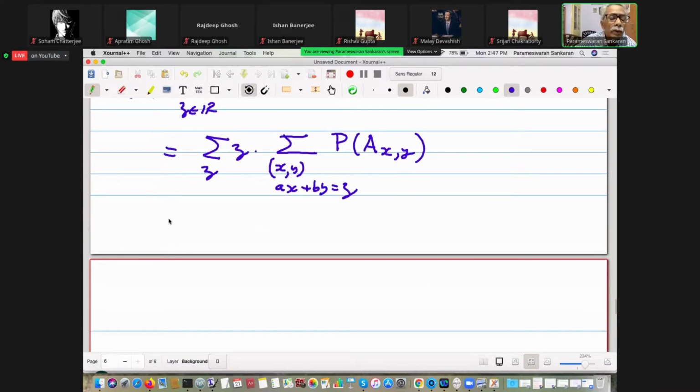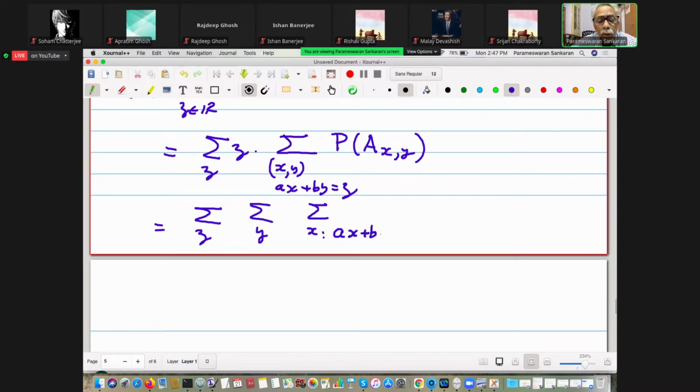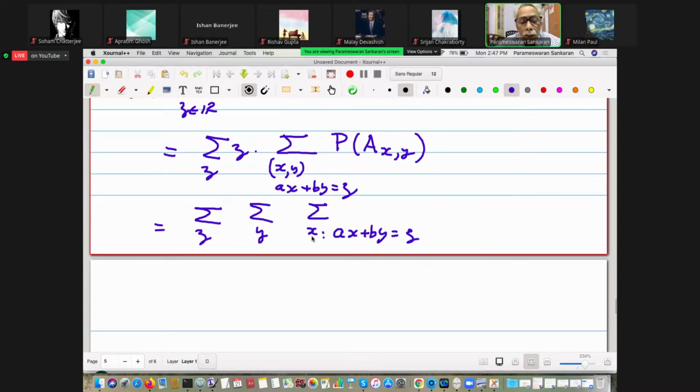So write the summation over z, summation over y, and then summation right here over x such that ax plus by equals z. So the understanding is that so far as this summation is concerned, y is fixed, and I am summing over all those x such that ax plus by equals z. And here in this summation already I have fixed z. So you see now this is P of A_{x,y}.